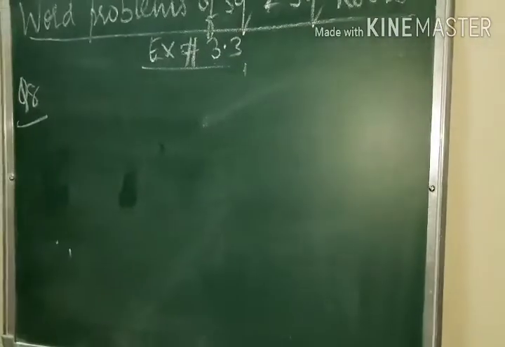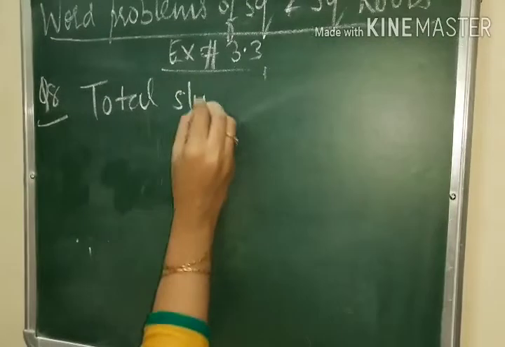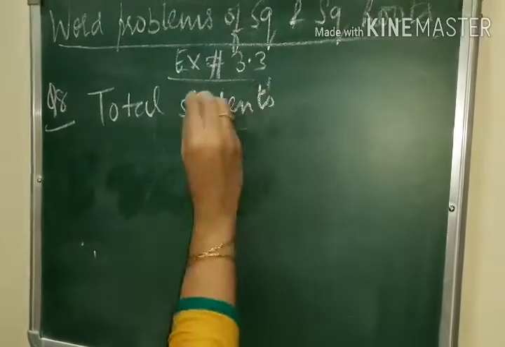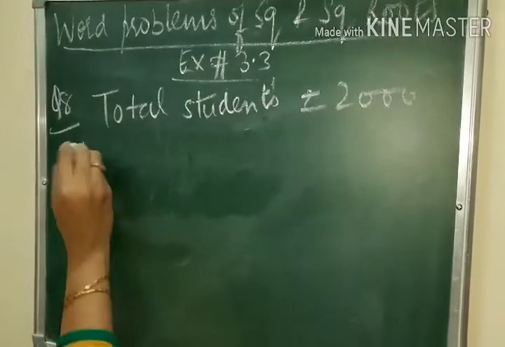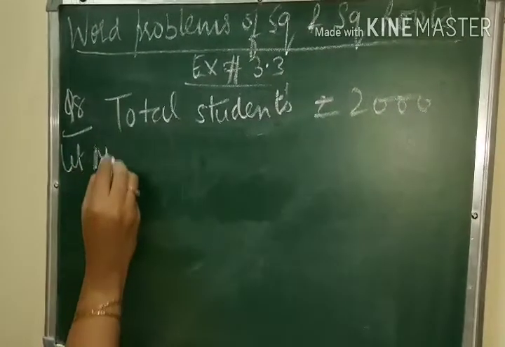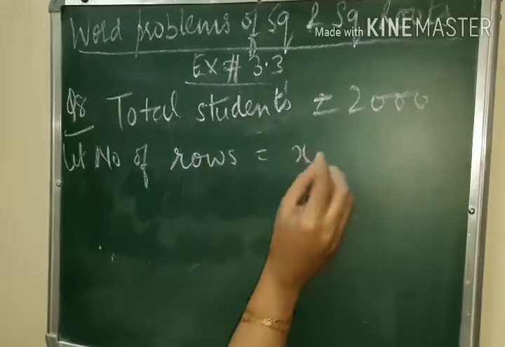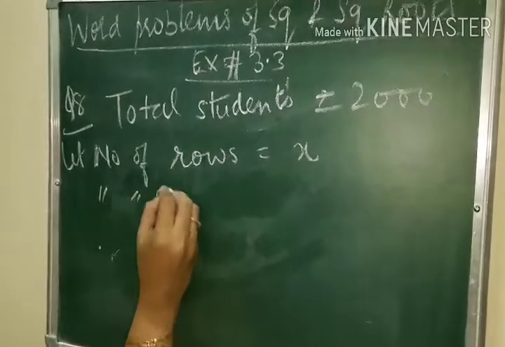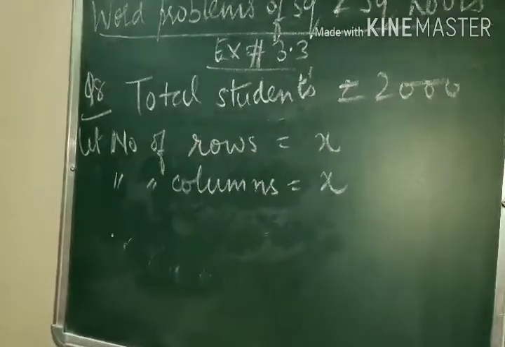So total students given are 2,000. Let the number of rows be x, because we don't know how many rows he made. The number of columns will also be x, because it is given that rows and columns should be the same.